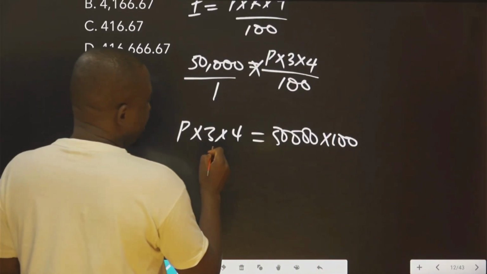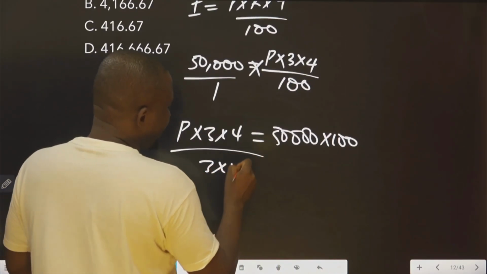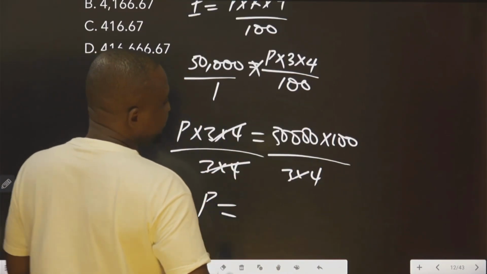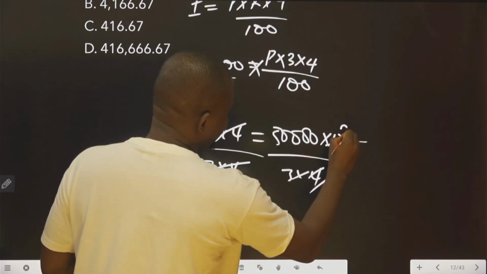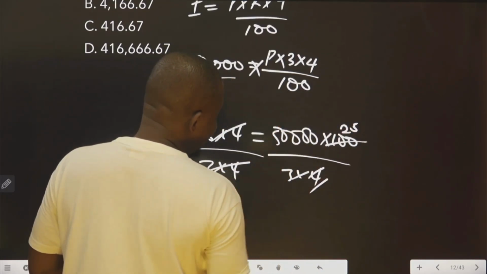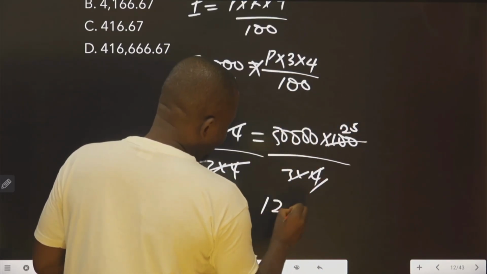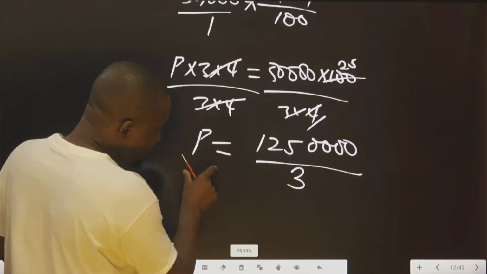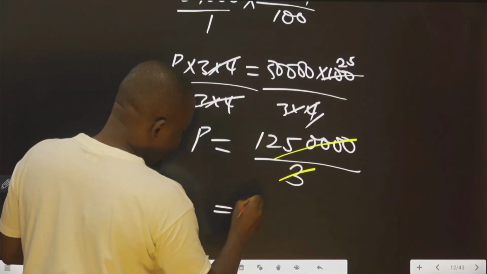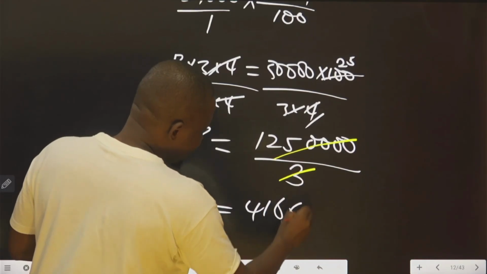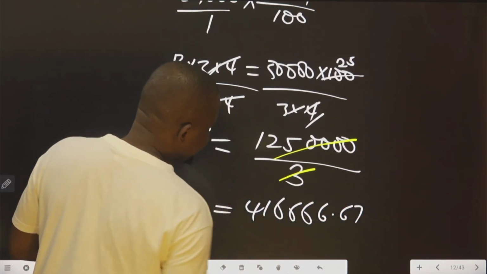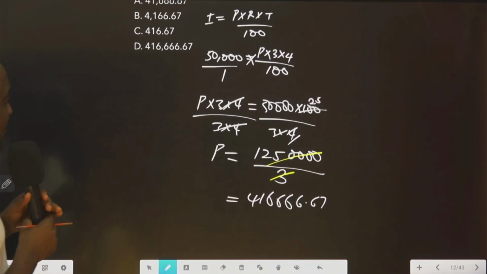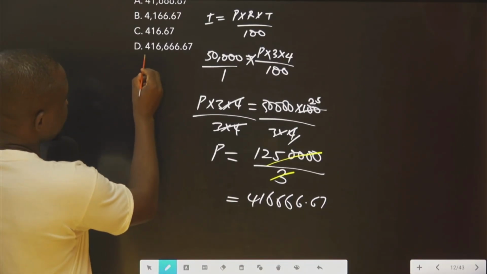I will divide both sides by 3 times 4. This and this will cancel. We have 4 here, 1, 4 here, we have 25. 25 times this will give us 125 over 3. If you divide this one now, you're going to have 416,666.67. Okay? If you check very well now, you discover that this is the answer.